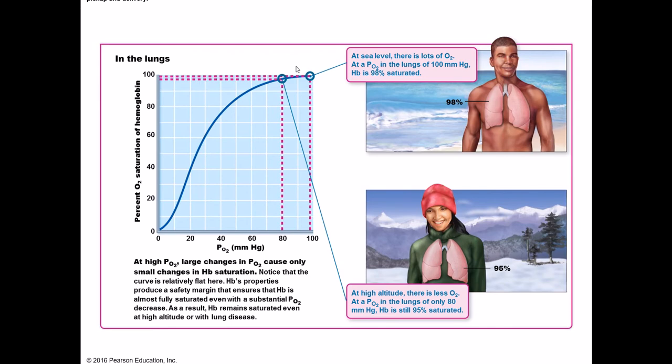We're still pretty fully saturated in terms of the amount of oxygen our hemoglobin molecules are carrying around our body. And that's really helpful. So even if you have a person who has lung disease, so that they're getting less oxygen in, their body is still pretty good in terms of getting the oxygen it requires.